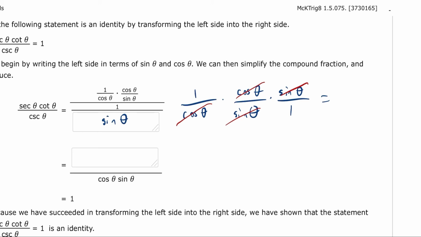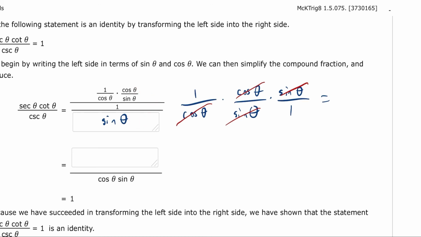Let's see here. What did they do? Sometimes it's harder to follow along their guided steps than it is to just do the entire problem by yourself. That's what I've learned with these. But it looks like you got the cosine sine here, and then this is going to go to the numerator.